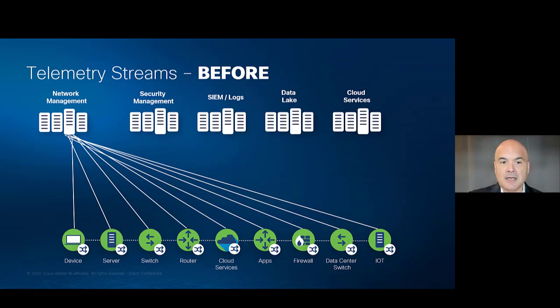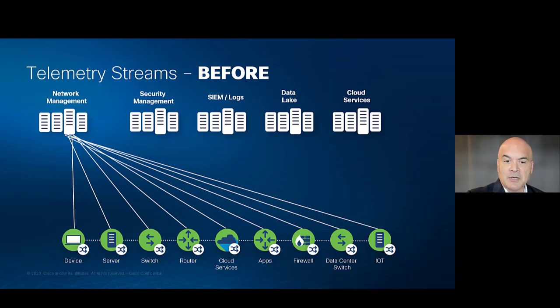Let's start again with an overview of the problems modern day architectures are facing given the explosion of analytical platforms. At the bottom, you can see you have a bunch of sources of telemetry. They're sending to a particular destination at the top.